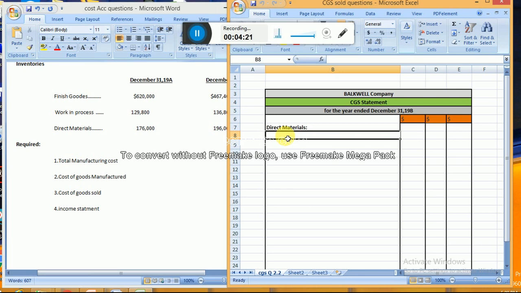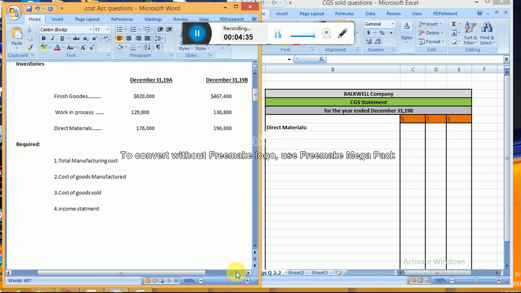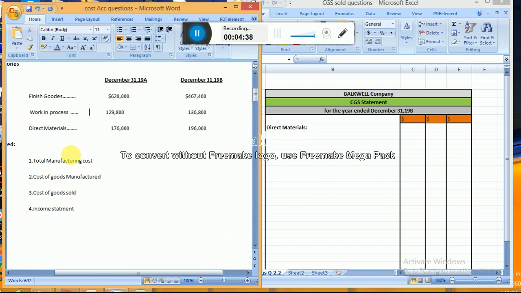We will check our record whether from the previous year 19A we have materials or not. If we look at the details of our question, direct materials on December 31st 19A are the remaining materials which were left in 19A and not used in 19A, so they should be used in 19B.